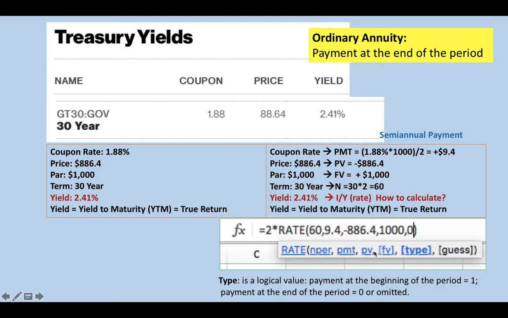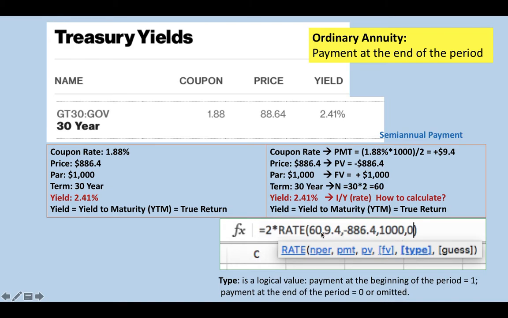Then the future value is your $1,000. For the type, Excel says it's a logical value: payment at the beginning of the period, annuity due, is type 1; payment at the end of the period is 0, or you can omit it.